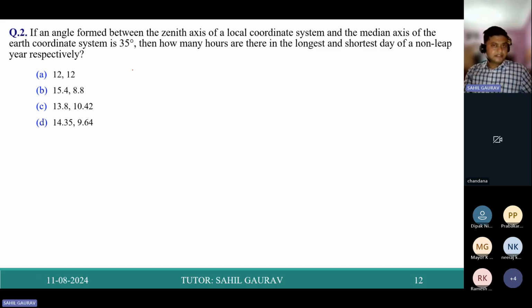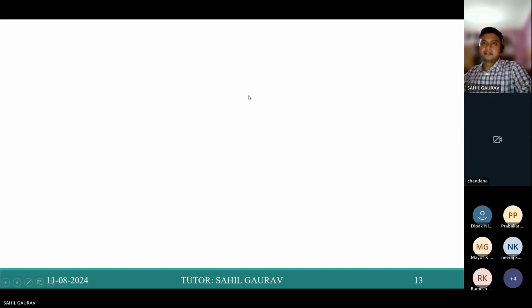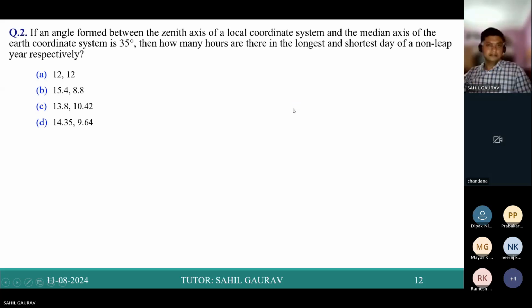So what are the things we have given here? The zenith axis of a local coordinate system and the angle formed with the median axis of the earth coordinate system.